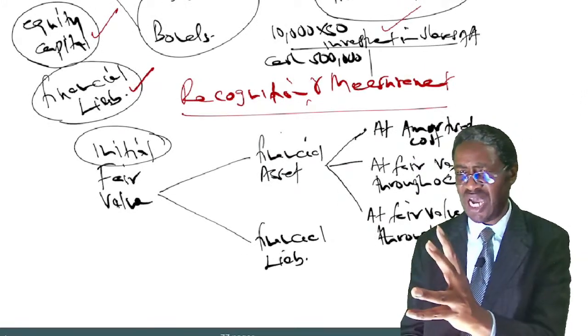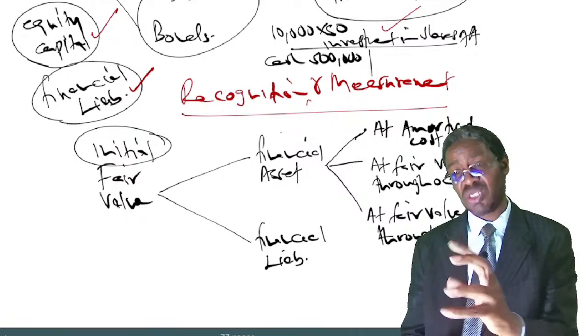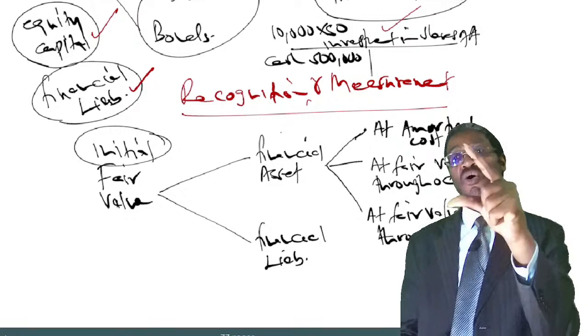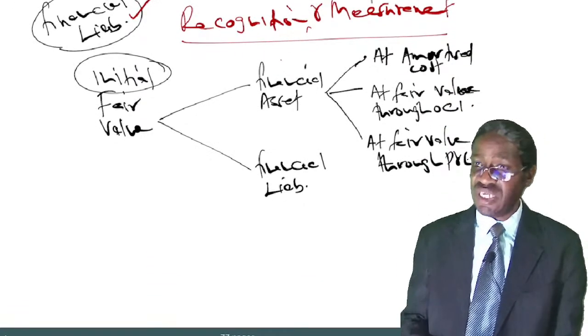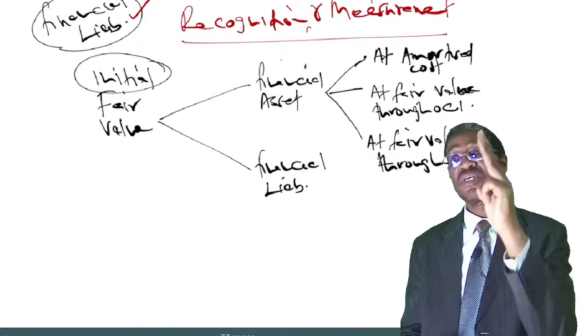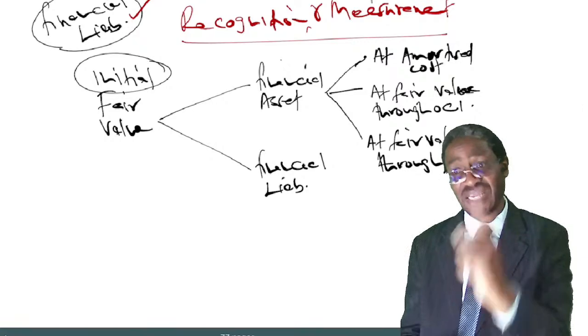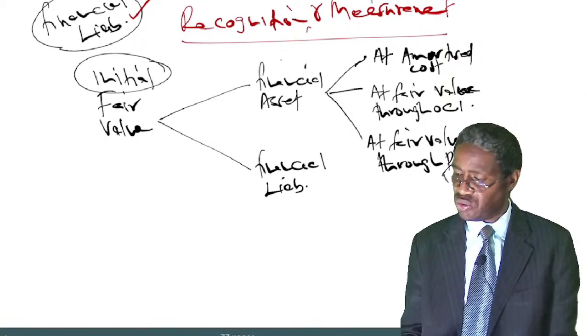Subsequent measurement now depends on the classification. Is it a financial asset or is it a financial liability? If it's a financial asset, I have said it can be remeasured in any one of the following three ways. One, at amortized cost. We shall talk about how to compute the amortized cost.